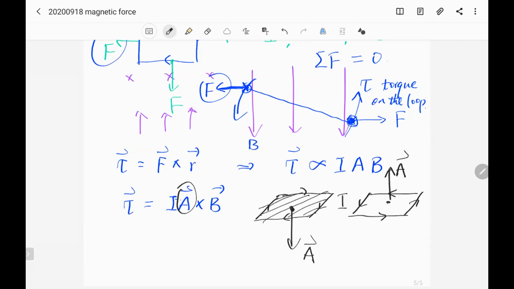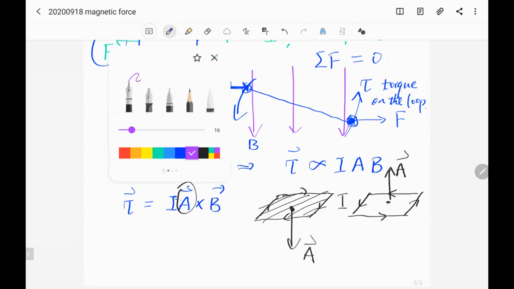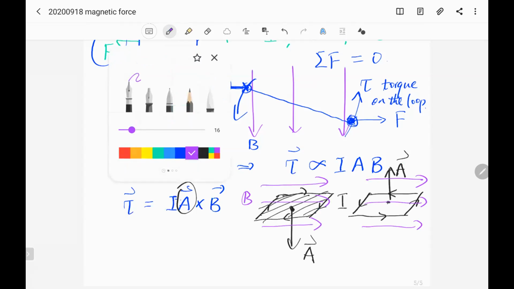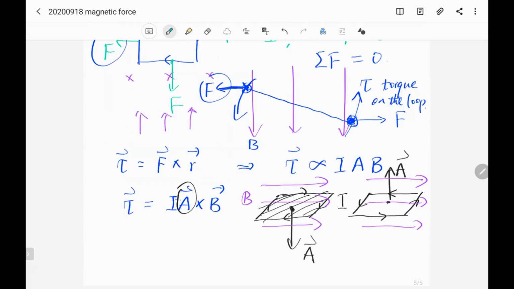And if we have a magnetic field, for example like this, then let's use this equation to determine the torque. The torque is from A cross B. On the left side, A goes down, and B goes right.